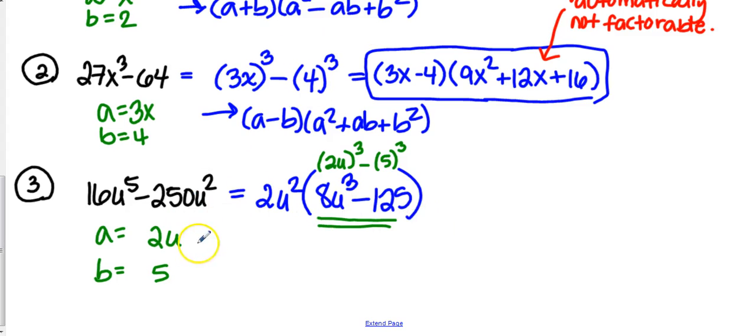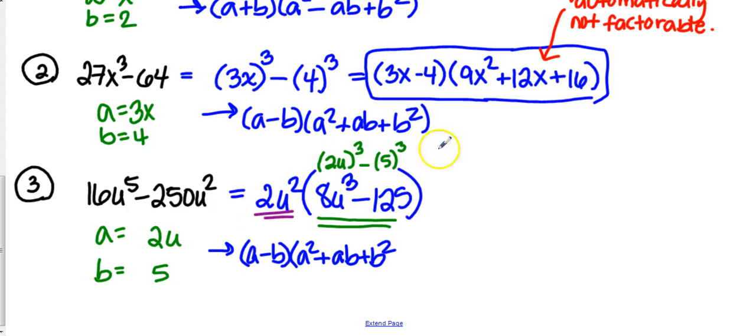Again, this is the difference of cubes, so we are using A minus B, A squared plus AB plus B squared. Now here we have to remember that this 2u squared is a GCF that will stay out front. So what I mean by that is it's going to stay right here in the front of what we're about to write.